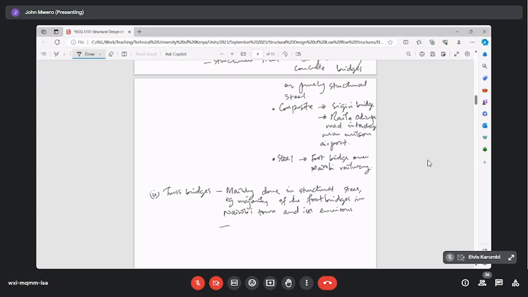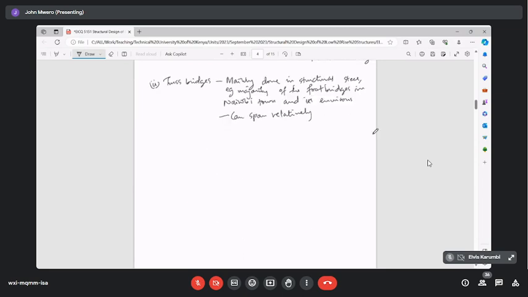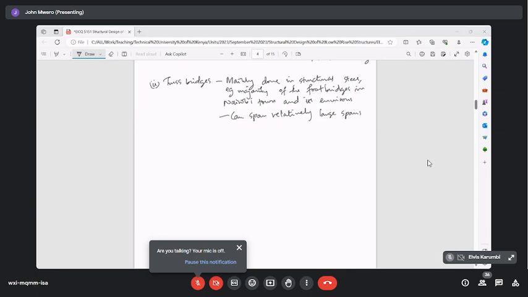They can span fairly large spans for small self weight.